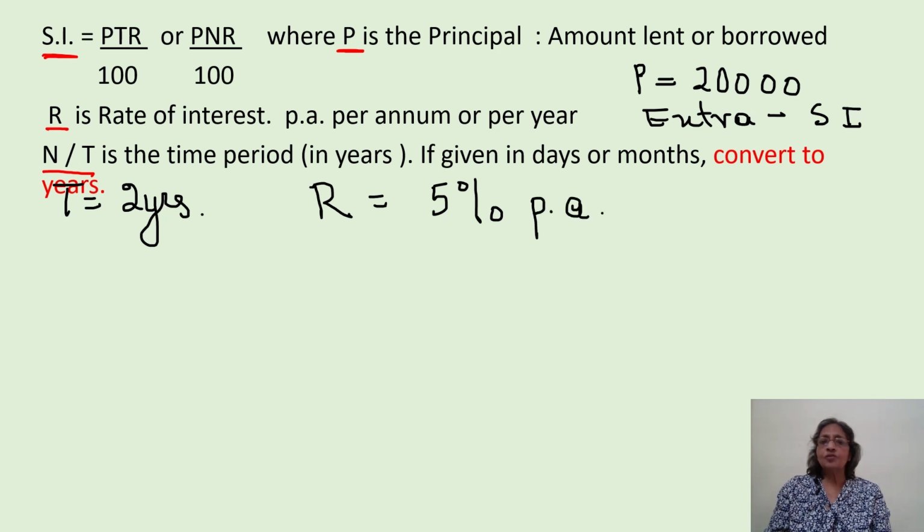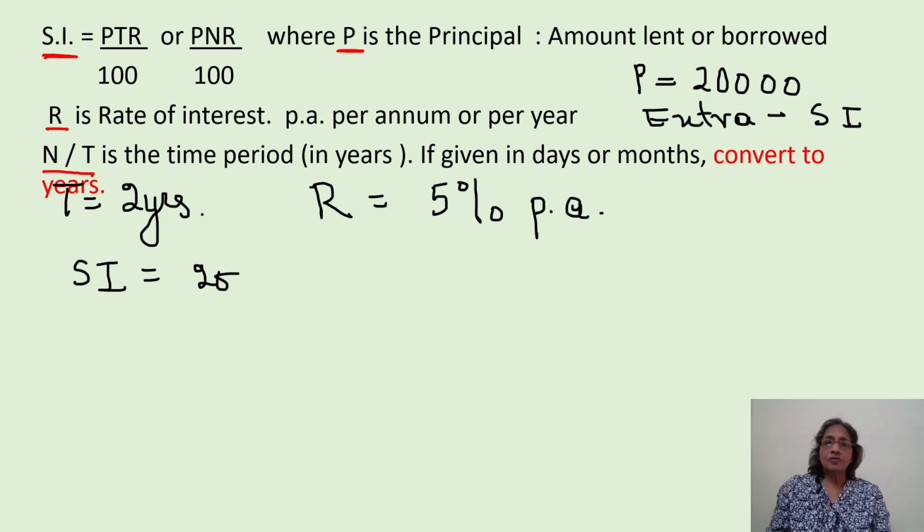Now in school days you have done. PA is nothing but per annum or per year. That means the interest is going to be charged at 5% per year. Okay. So now if we take this amount, so how much is a simple interest which you have done in school?